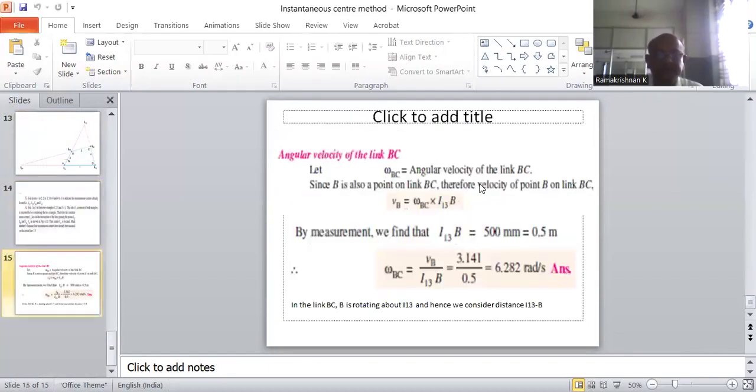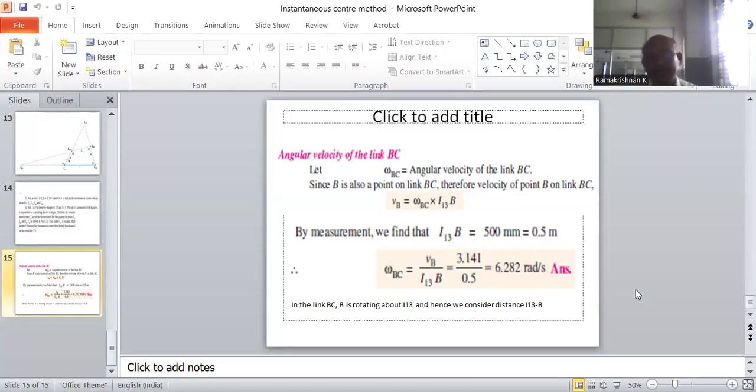Now, considering the point B which lies on the link BC, it can be rewritten as omega equal to VB by R. Here the radius of rotation is I13B. By measurement, I13B is 0.5 meter. On division we get 6.282. So now we have found the angular velocity of the link BC.